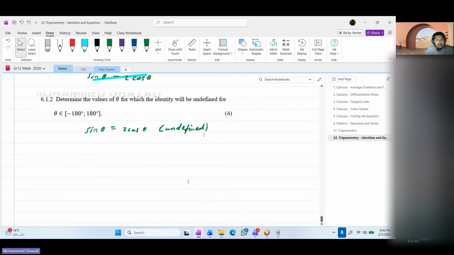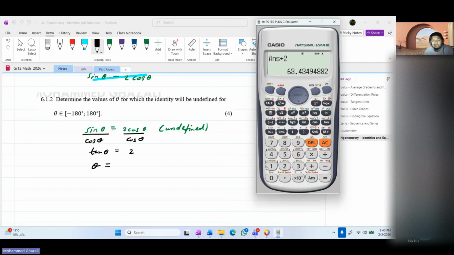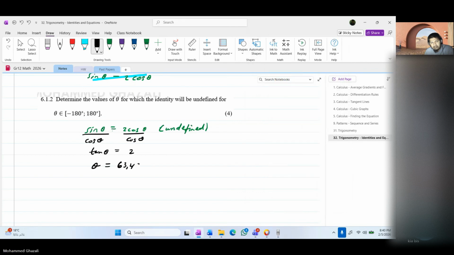We're going to divide both sides by cosine theta and make it tan. Tan theta is equal to 2. Theta will be equal to what? Shift tan 2, 63.43 degrees, plus K times 180.